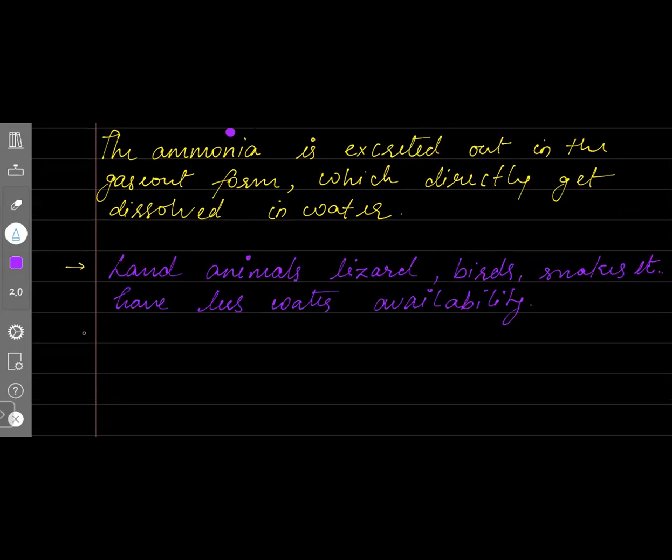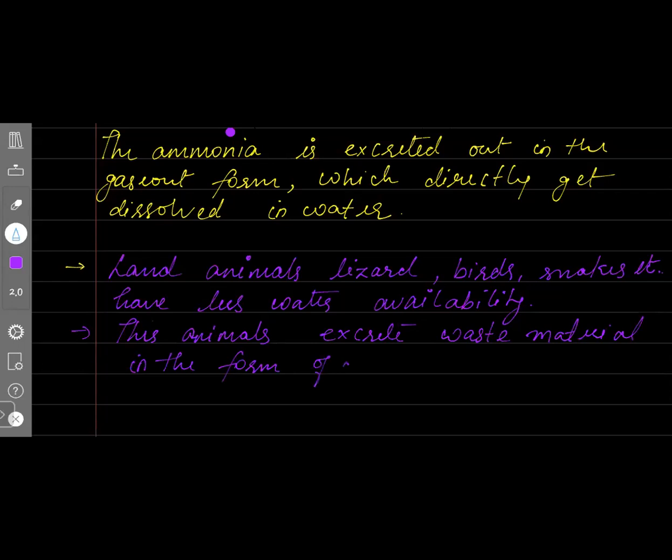So these animals excrete waste material in the form of uric acid. Uric acid comes like pellets. Have you seen bird excreta? That is uric acid.